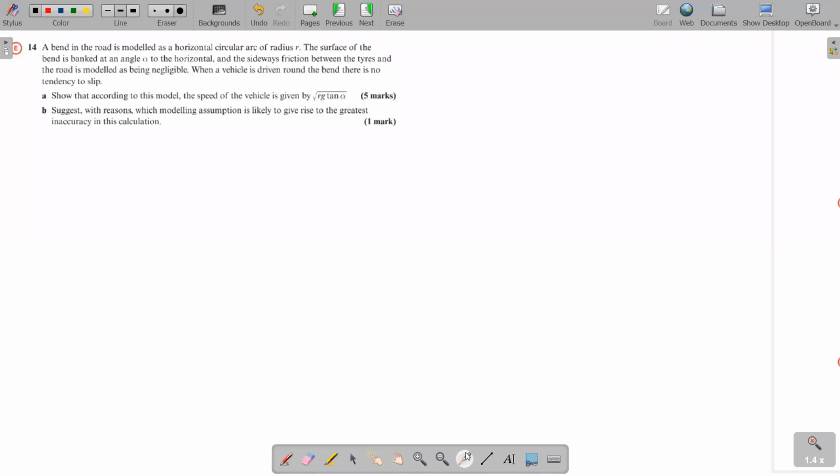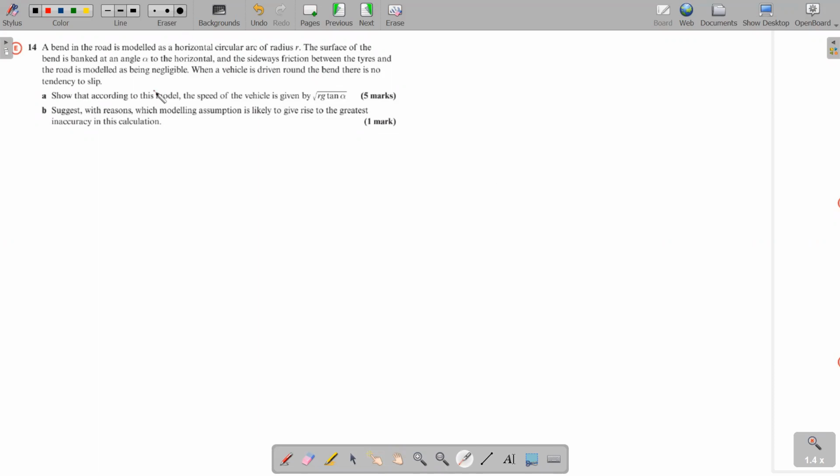All right, so we'll move on to question number 14. A bend in the road is modeled as a horizontal circular arc of radius r. The surface of the bend is banked at an angle alpha to the horizontal, and the sideways friction between the tires and the road is modeled as being negligible. This is basically the same story as previously.